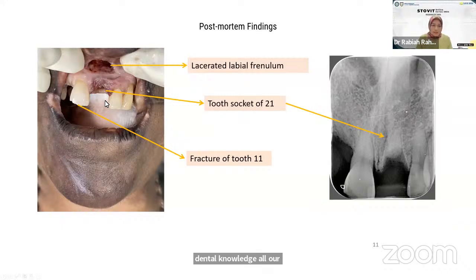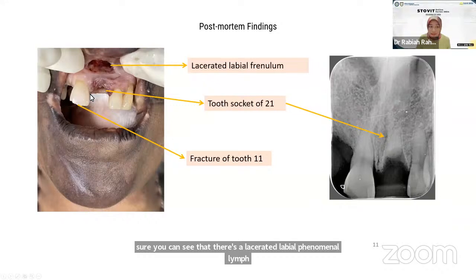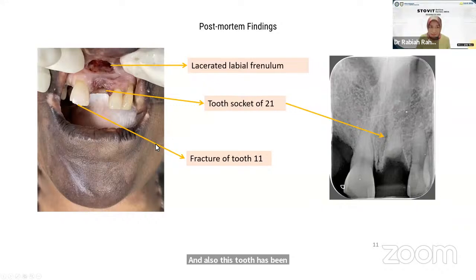You see right here, that's a fracture of tooth 1. This is a jagged fracture, which means it is recent. It is not smooth yet, so it's quite recent. Here you can see there's a lacerated labial frenulum, and this tooth has also fractured in this area.